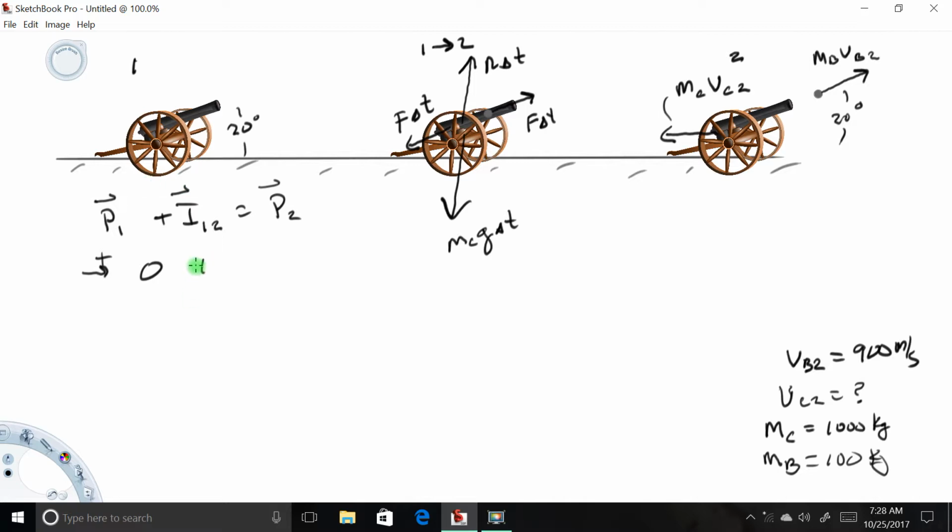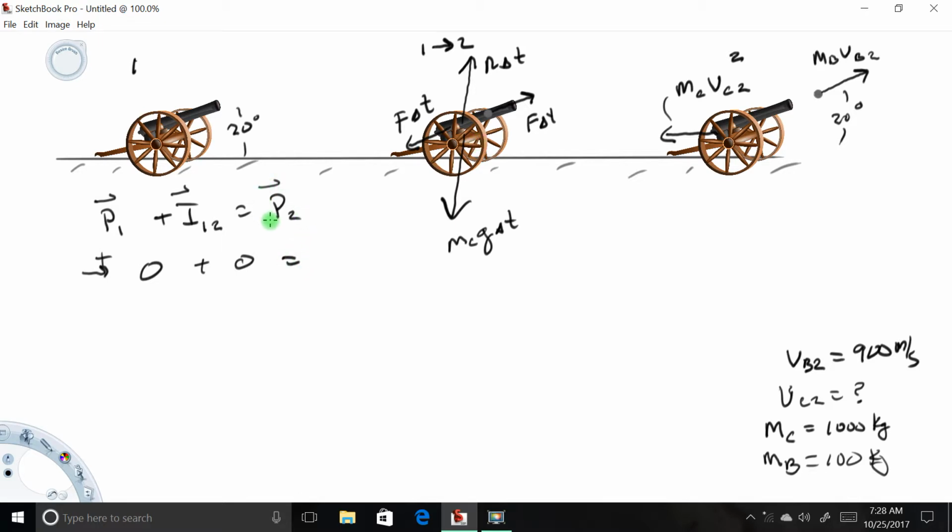Plus any impulses between picture 1 and picture 2 in the x direction, because remember, impulse is a vector concept. So I look over here and I notice this guy here does not have a horizontal component, neither does this. And these two impulses are going to add to 0 anyway. They are internal to the system. So there is no impulse acting on this system in the x direction, as long as we define our system as the cannon and the ball together.